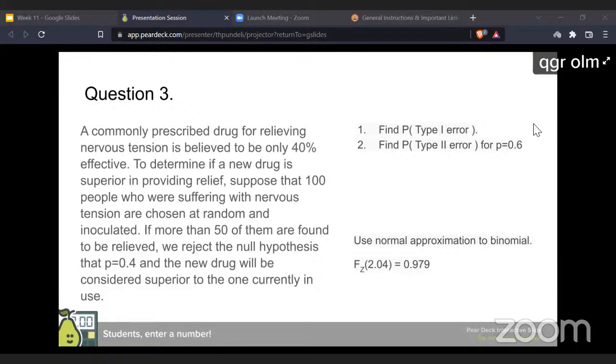You are going to say that the drug you were using previously is not better. The point being, in that case, can we write our alternative hypothesis as P greater than 0.5? That's what I was trying to say. Why do you want to write P greater than 0.5?